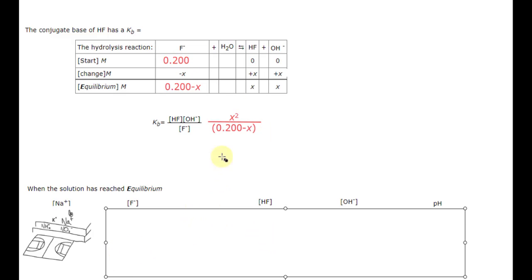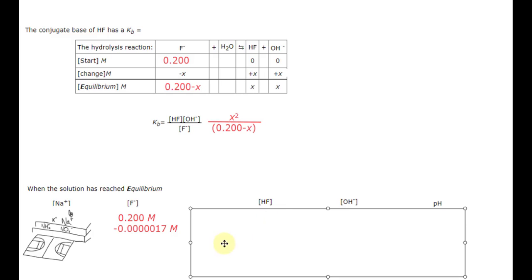So spectator ions, whatever you solve for at the very beginning, you're not going to have to worry about. Now our fluoride, well, remember, we had said that the x is going to be that low value. Let me see, tenths, hundredths, thousandths, ten-thousandths, hundred-thousandths, 1.7 millionths molar. So when you do the subtraction, it's still going to be 0.2. The concentration of fluoride ion is going to be the same, and that's pretty typical for any weak acid or base, especially when you have one with this high concentration.